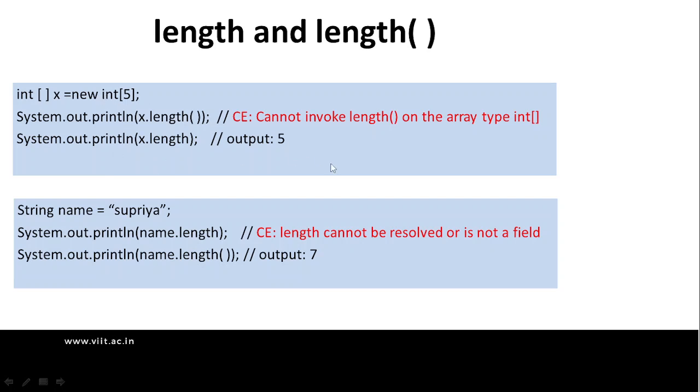You will see the output here is 5. Then a string name is given, for example name is Yashwant, System.out.println name.length. In this case the length operator will not work, you have to use the length method. For a string, the length method works; for an array, you have to use the length operator, and the length method will not be useful.